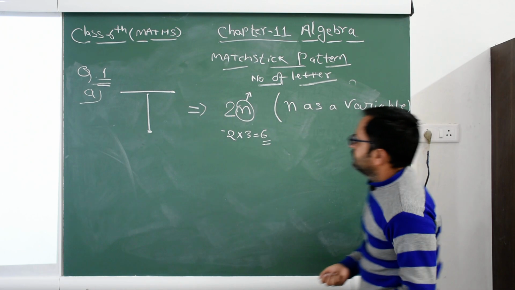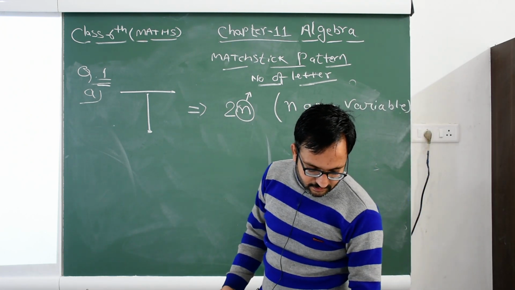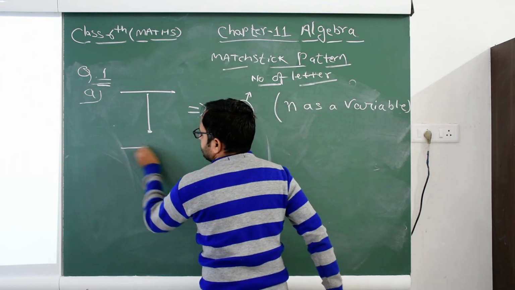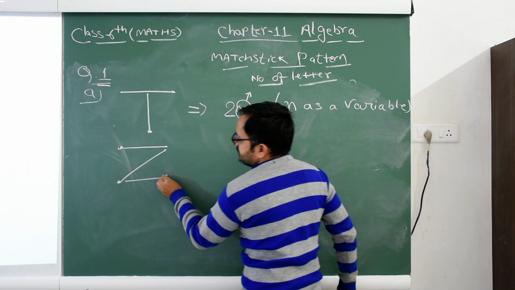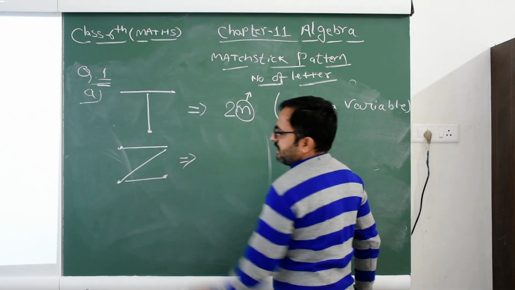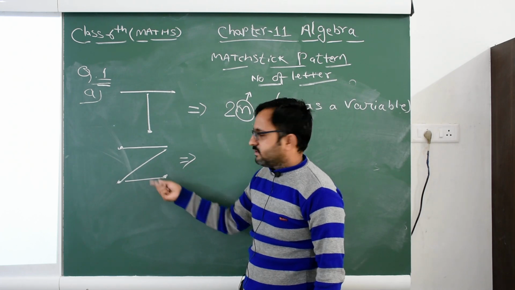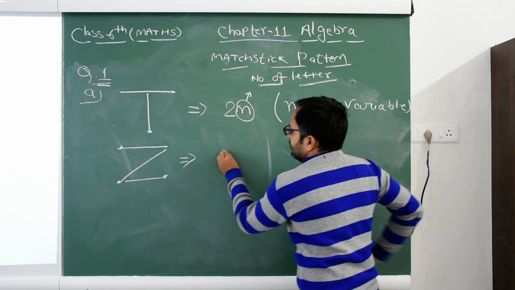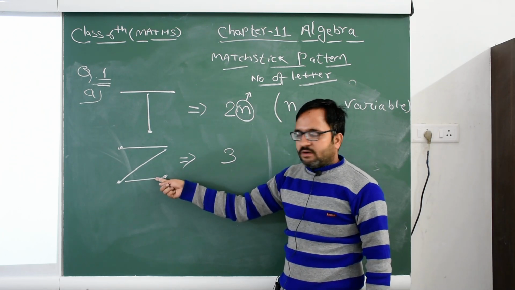Now same as that, if you draw letter Z, how many matchsticks do we use in a single symbol? 1, 2 and 3. So 3 matchsticks we use for a single symbol.